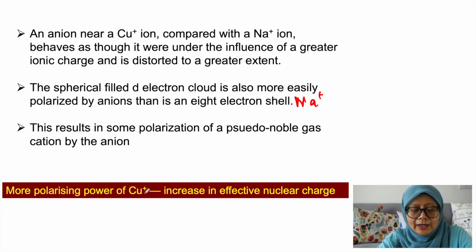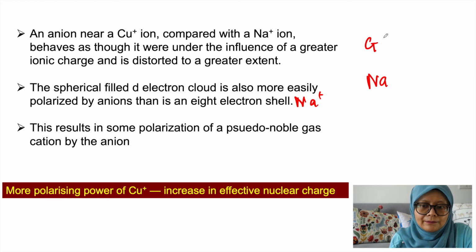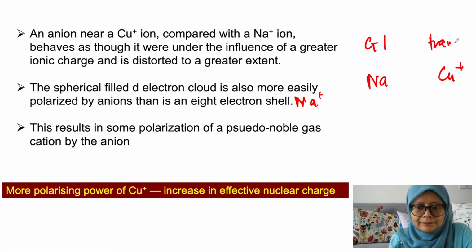Why? Because of the increase in effective nuclear charge. In the periodic table, sodium is in group 1, while copper is situated in the d block, or transition metals.